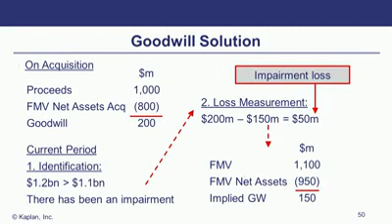First of all, on acquisition, when we acquire Parejo, there's the proceeds, 1 billion. There's the fair market value of the net assets we've acquired, 800 million, and therefore there's the goodwill figure, 200 million. Now, current period, notice, to identify the impairment we're looking at the total carrying value, 1.2 billion, so that's 1 billion of net assets and 200 million of goodwill, compared to the fair value of our subsidiary.